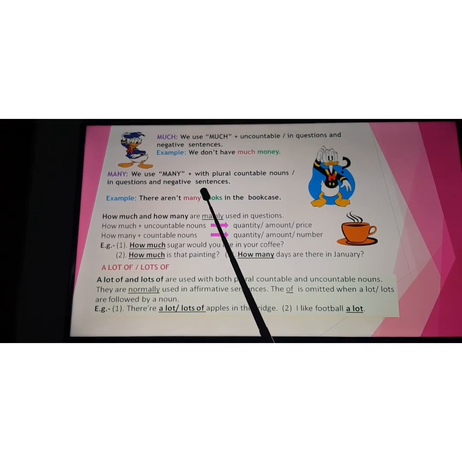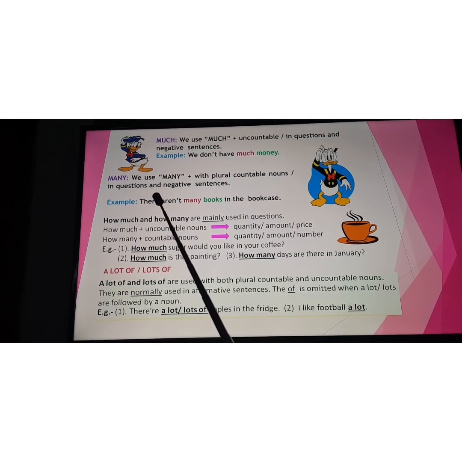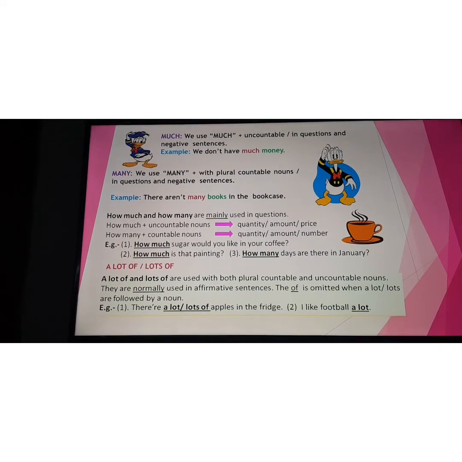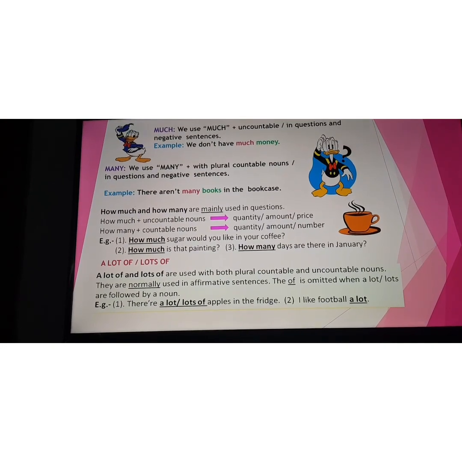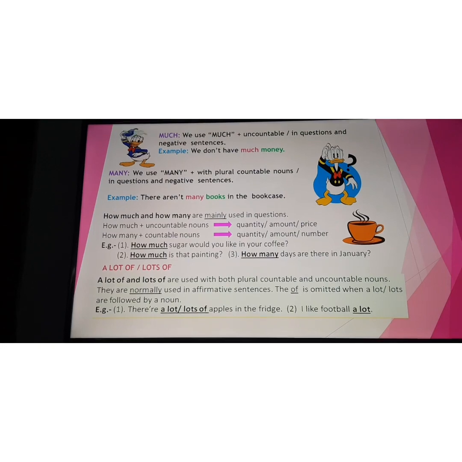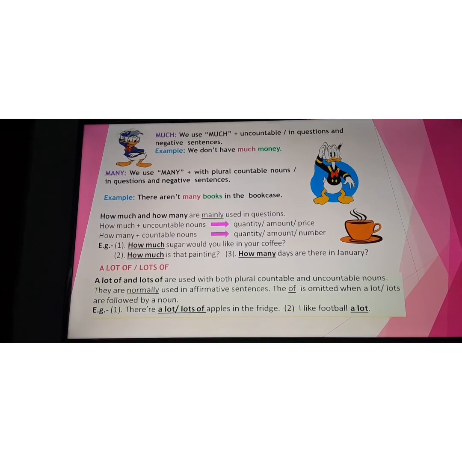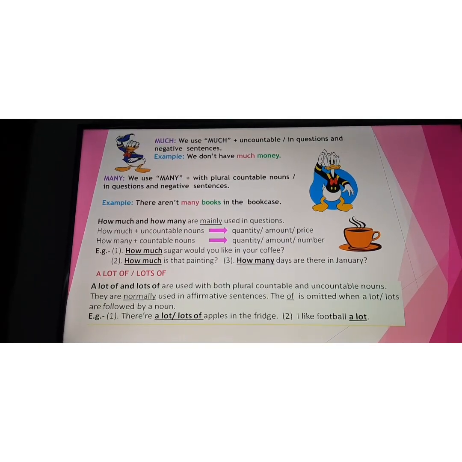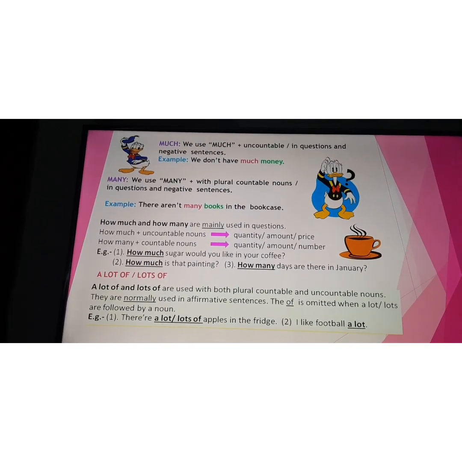We use many with plural countable nouns, in questions and negative sentences. The example shows us there aren't many books in the bookcase. Aren't is the expression for negative. Many books is the expression of quantifier, and books is the noun. Could be 10, 20, 15 books. We don't have the number of the books.